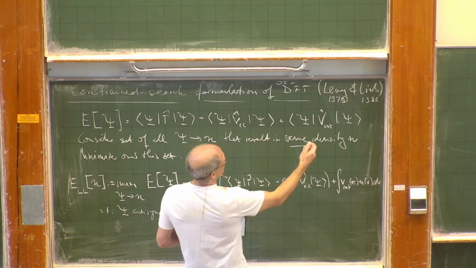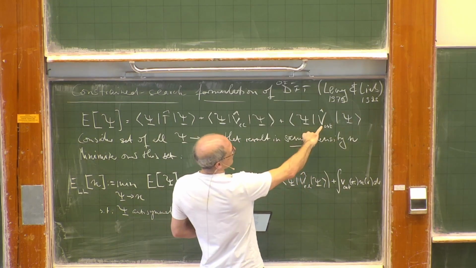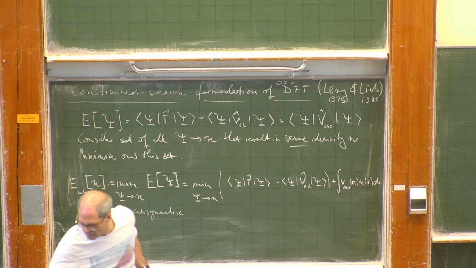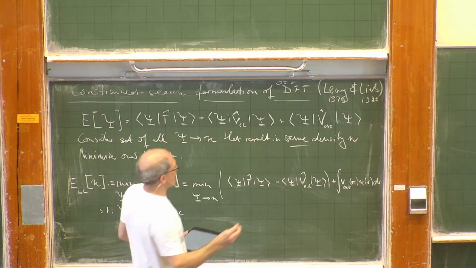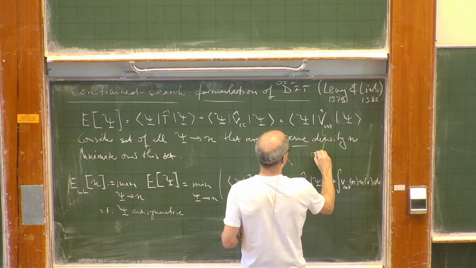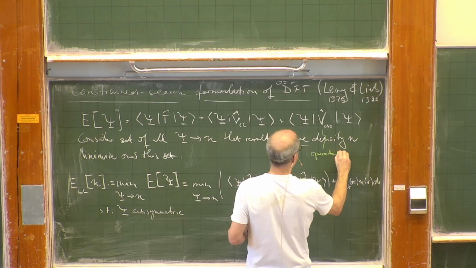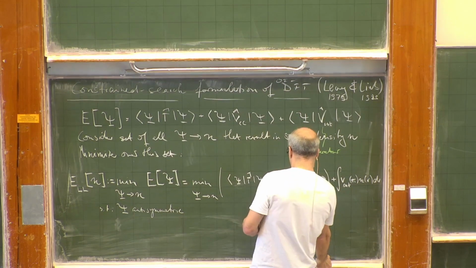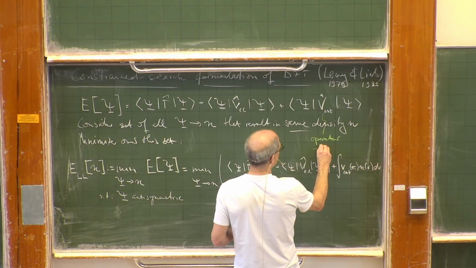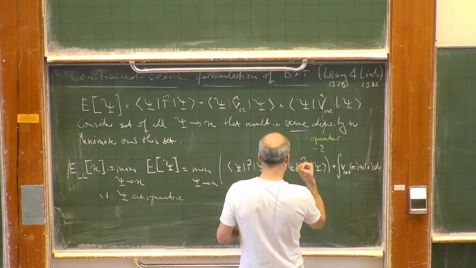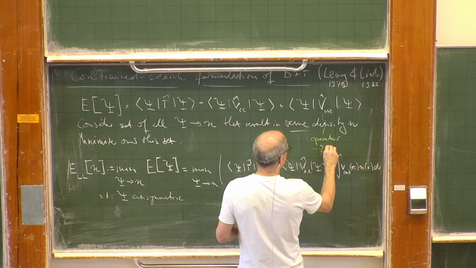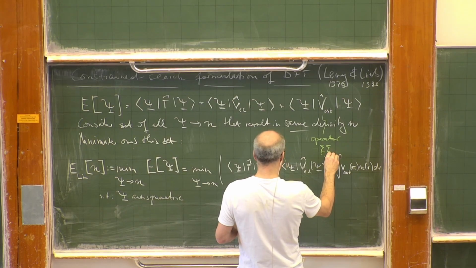So here we had capital V hat. So this was the operator. And in a molecular system, this operator would be given by the summation over all the electrons and the summation over all the nuclei.